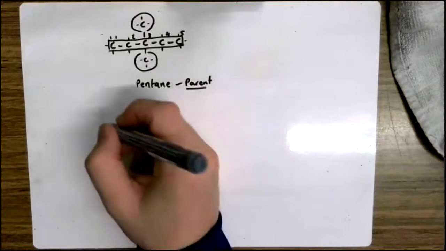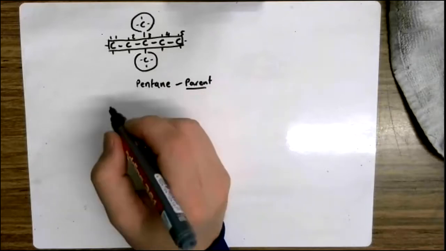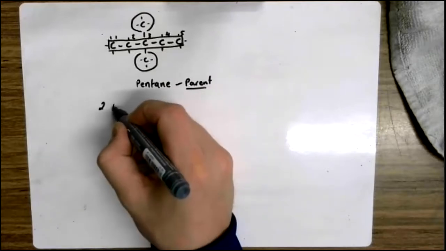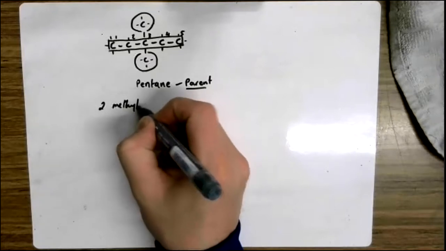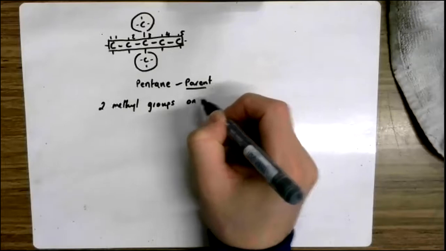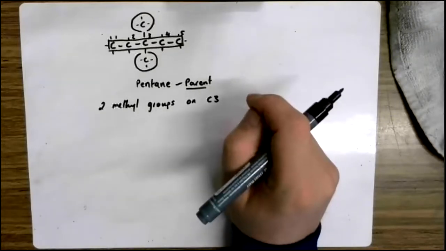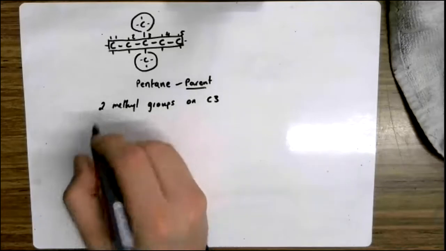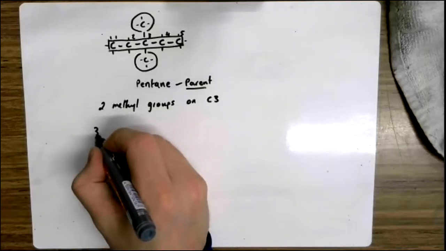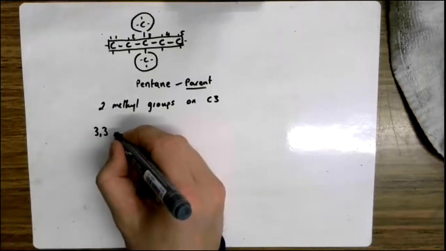Okay, so how am I going to indicate the position of these? Well, I've got 2 methyl groups on carbon 3. So we show this by saying, okay, well, what carbons are they on? They're on 3 and 3. They're both on 3. So 3, 3.